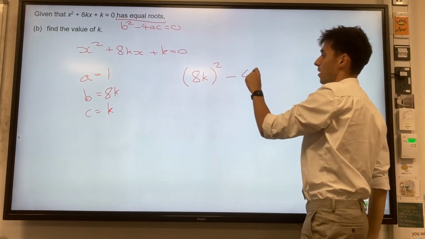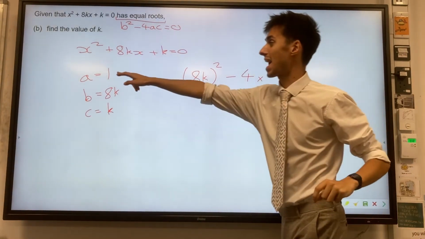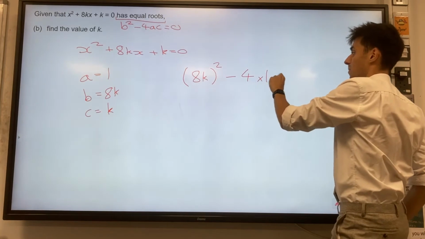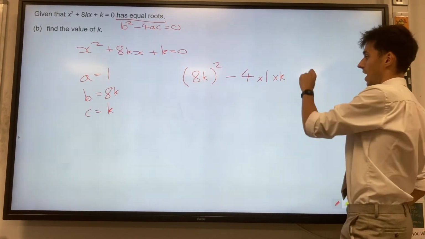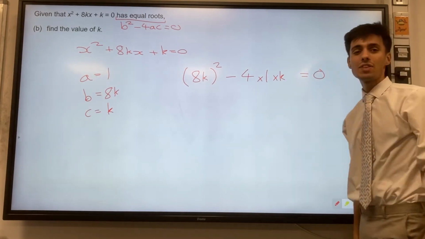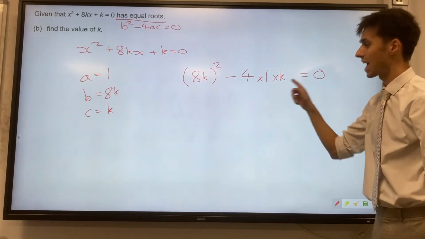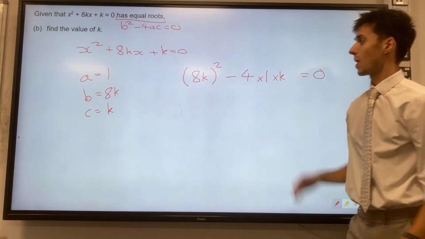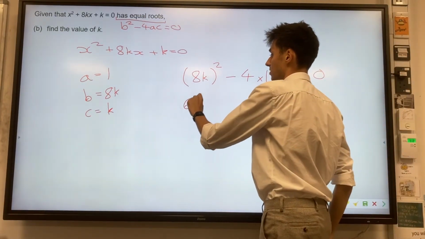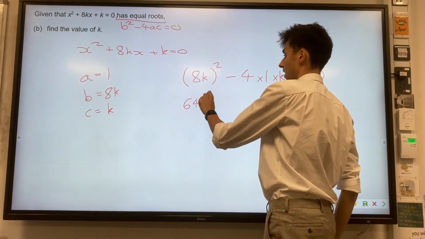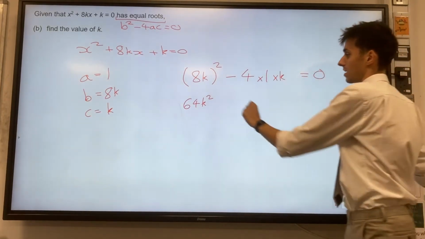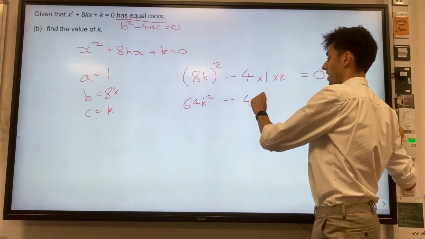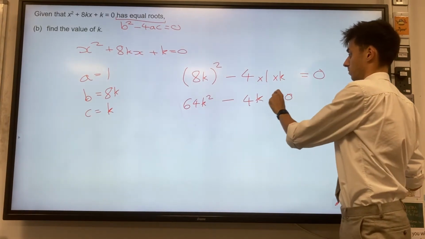We need to do minus 4 times a, which was 1, times c, which is k. And this equals 0. I think it's a really good habit again to write it out the long way. So 8k all squared is going to give us 64k squared. Minus 4 times 1 times k, which is minus 4k, equals 0.